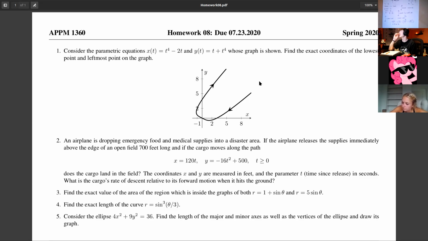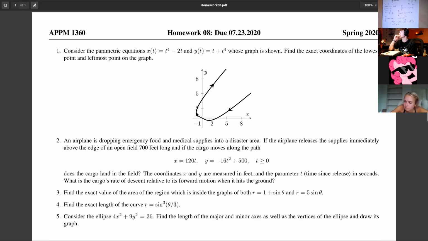The first derivative at the leftmost point has to be 0. In other words, dx/dt over here has to be 0. The other thing you can think about is if we drew the tangent line right here at the leftmost point, it'd be vertical. So a vertical tangent line means that the rate of change of x is 0.